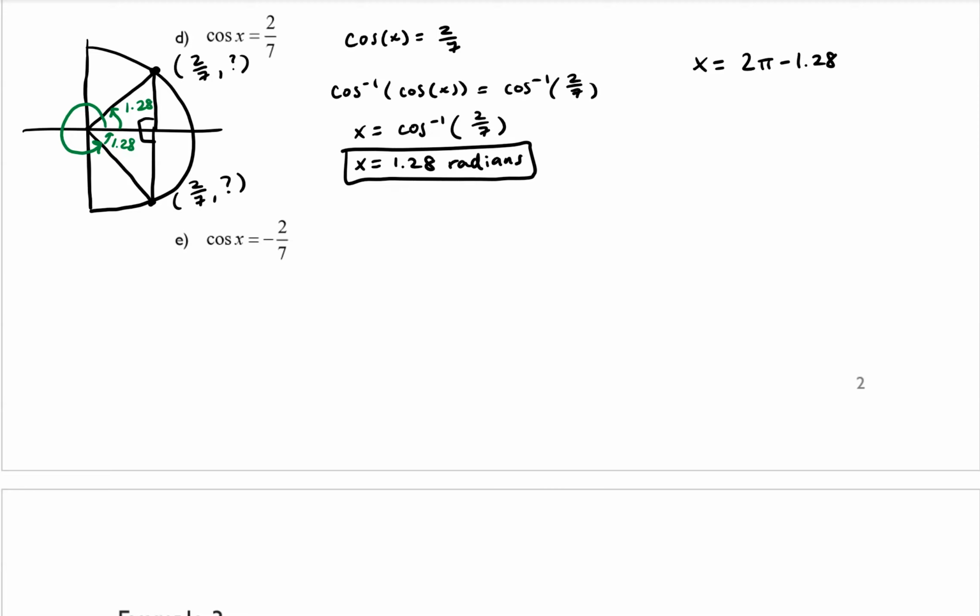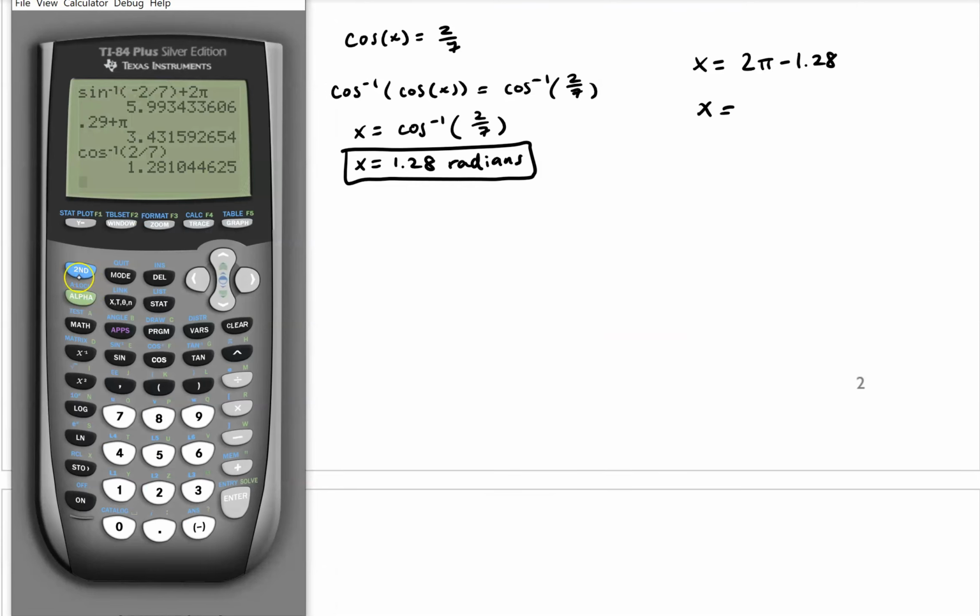So I know that was one of my solutions, and then my second solution is going to be 2 pi minus my answer from the previous line, and that's going to be 5.00.